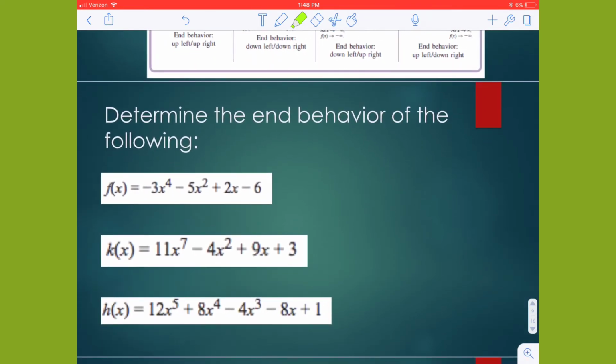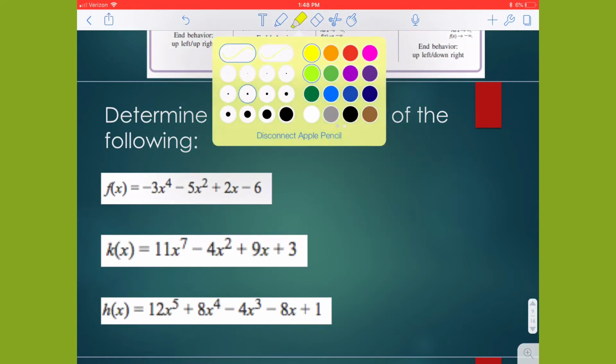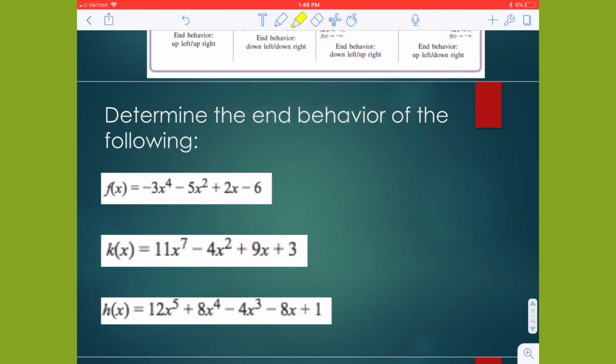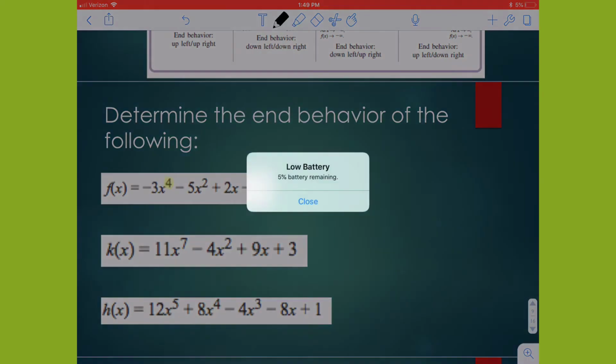So here are some examples. I encourage you to pause the video, identify their end behavior. So you're going to focus on the highest degree. Is it even or odd? Is the leading coefficient positive or negative? And then determine the end behavior. So in problem number 1, the highest degree is 4. So I'm going to write this step by step for you.